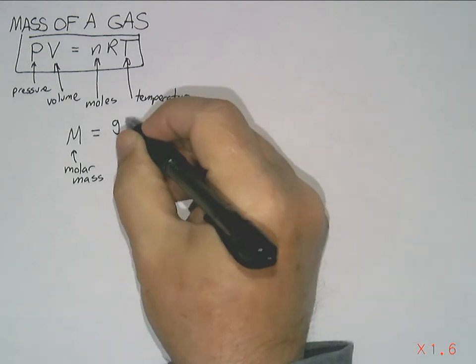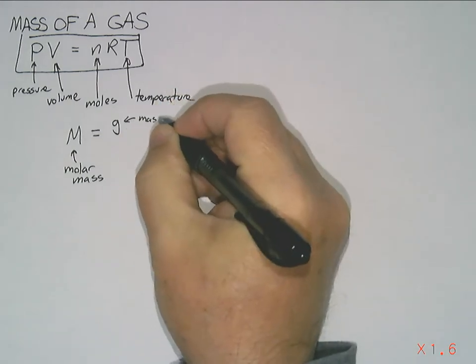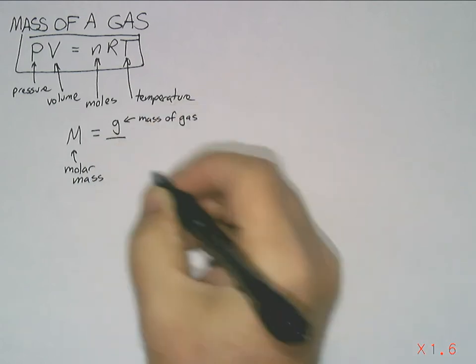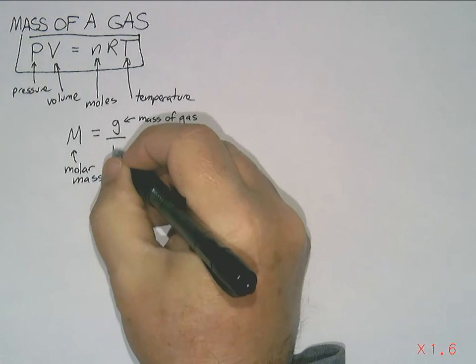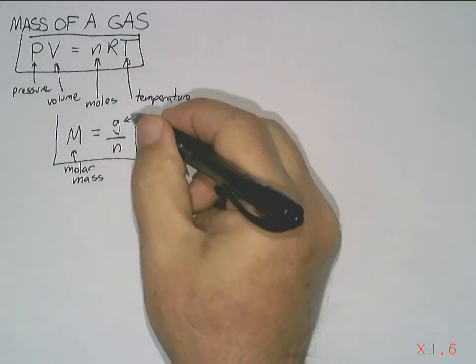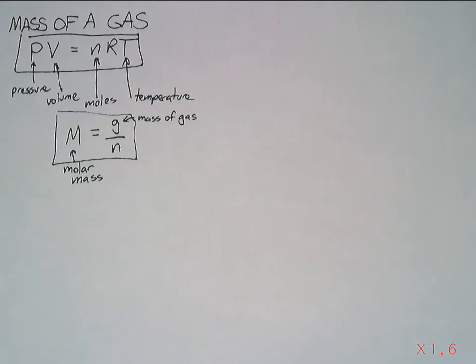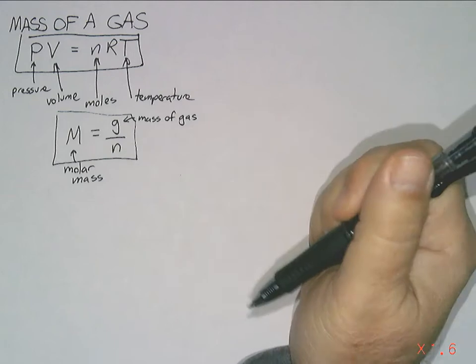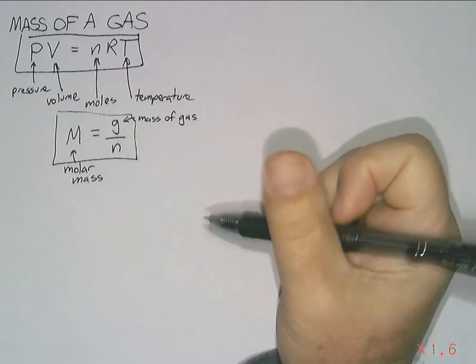So that's the mass of the gas. And that's per mole. And I'm using N for moles. So I can introduce the mass of the gas into this equation using the molar mass and the moles.